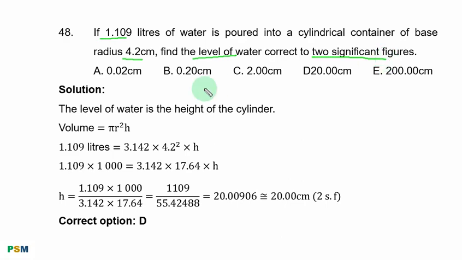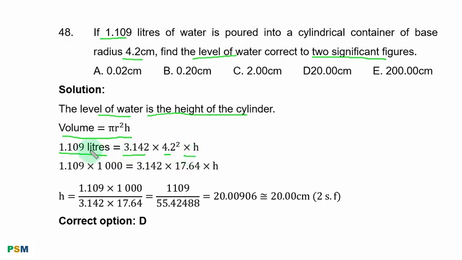Solution: the level of water is the height of the cylinder, and the amount of water is the volume given in liters. Hence, volume of a cylinder is equal to pi r square h.